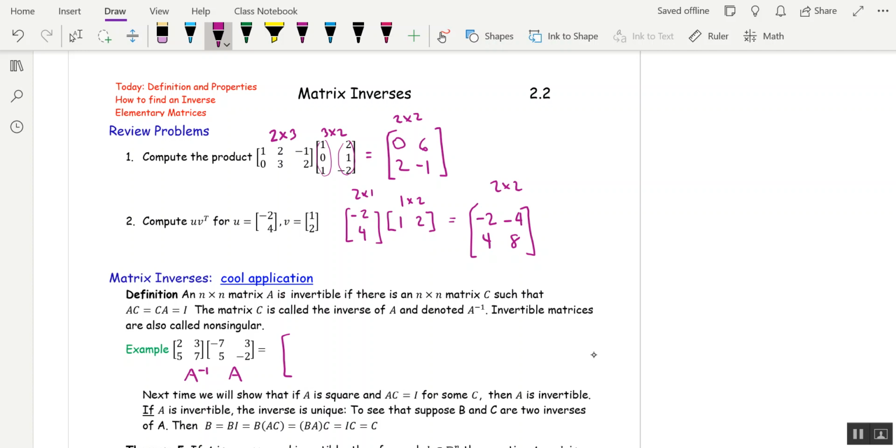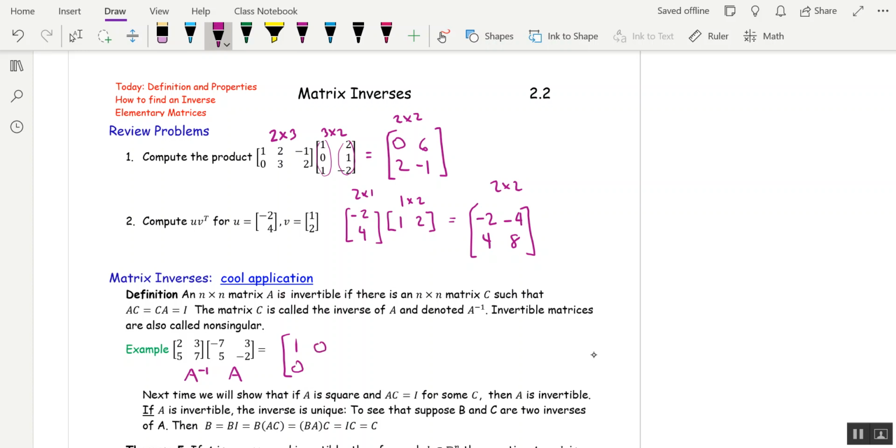We should get the identity. So we get -14 plus 15 is 1. And then I'm going to get -14. Then for the second column, down here, this entry is -35 plus 35, which is 0. Then I get 6 minus 6 is 0.